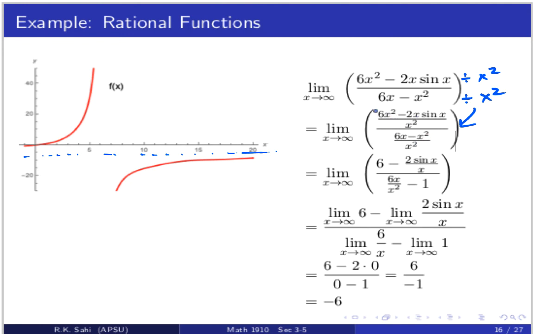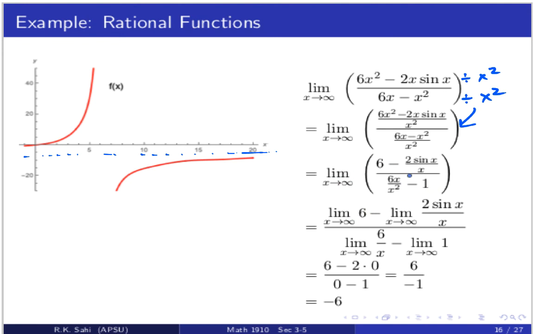Now, basically, pull apart all the expressions in the numerator over here. Similarly, you do it in the denominator. What do you get? 6 minus 2 sine x over x, this is 6x over x squared, which is 6 over x. So this is basically 6 over x minus 1.